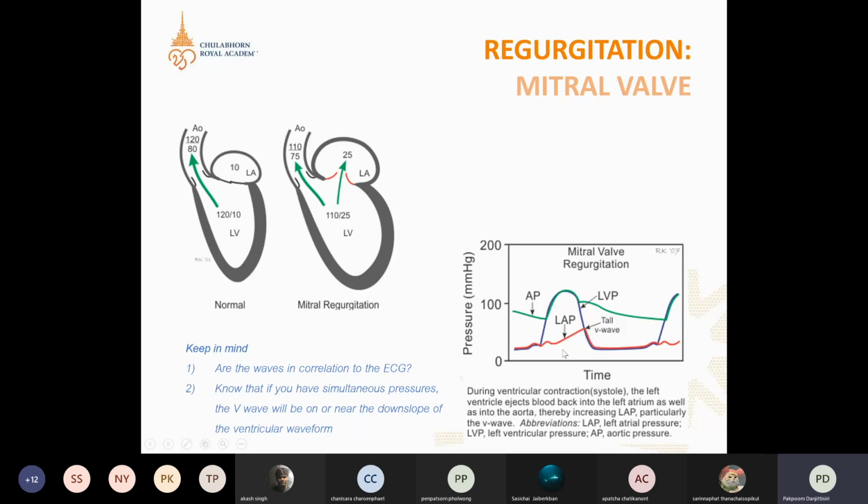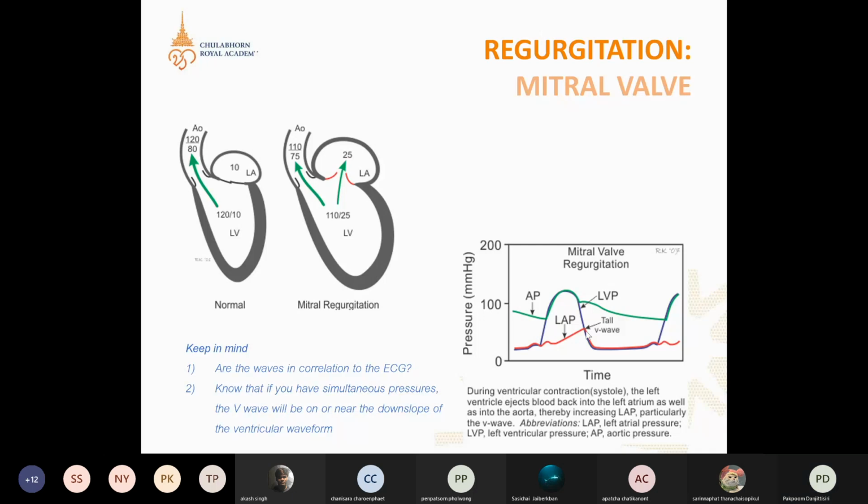You will see it's quite taller than normal, because the V wave represents the atrial filling during left ventricular ejection, right? Because the LV ejects the blood into the systemic circulation, the blood will go to the lung, and the blood in the lung will come to the left atrium, right?